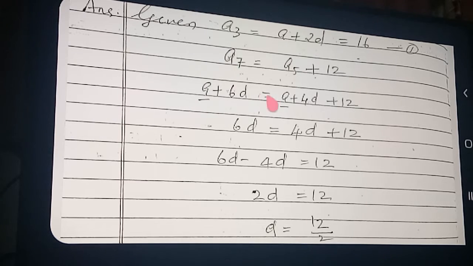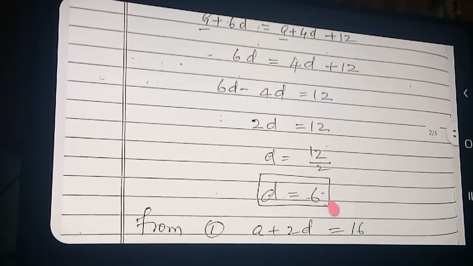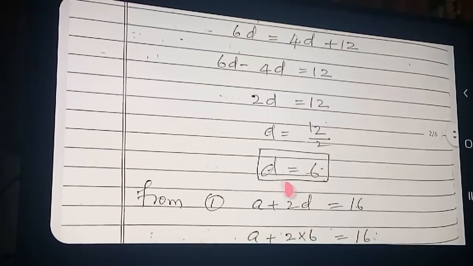Here A and here also A, one is on the LHS and one on the RHS, so both will cancel with the same sign. So 6D is equal to 4D plus 12, and this 4D, bring to this side, 6D minus 4D, that means 2D is equal to 12. Therefore the value of D is 12 by 2, that is equal to 6. You got the value of D as 6. Okay, is it clear now?